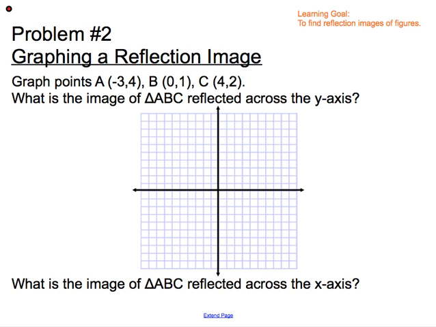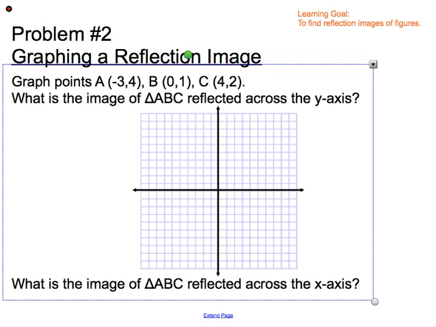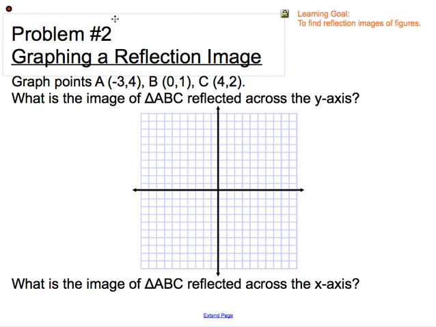So our second question asks us to graph a reflection image. We're supposed to graph 3 points. We have (-3, 4), so we're left 3, up 4.